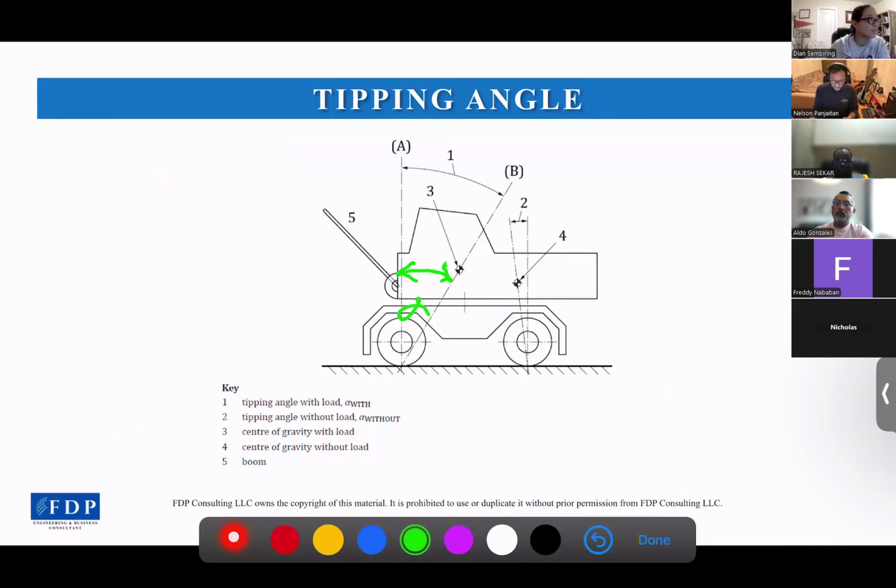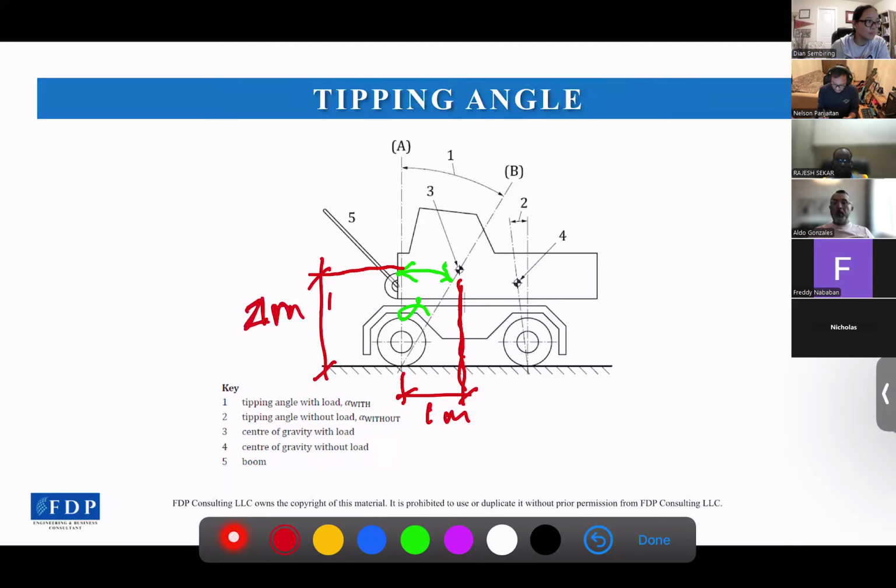So for this, we could simply use the tangent of the horizontal distance divided by the vertical distance. So let's say the COG is here, and the distance to the front tipping point is 1 meter, and then the vertical distance is, let's say, 2 meters, right?